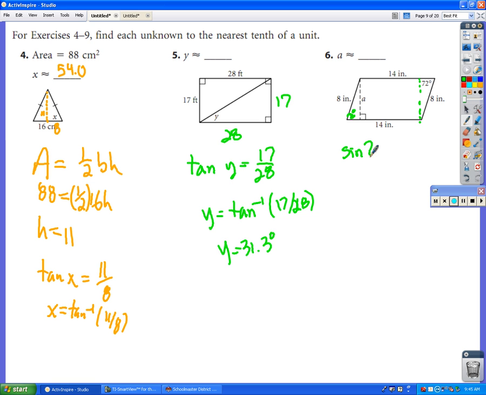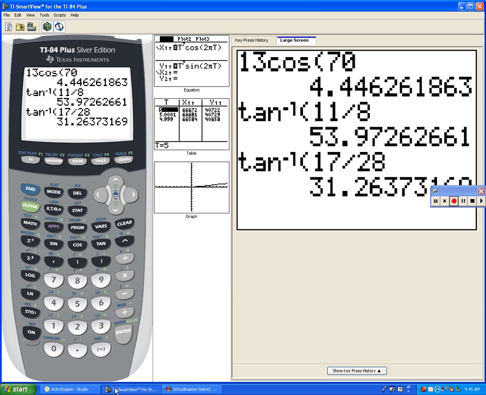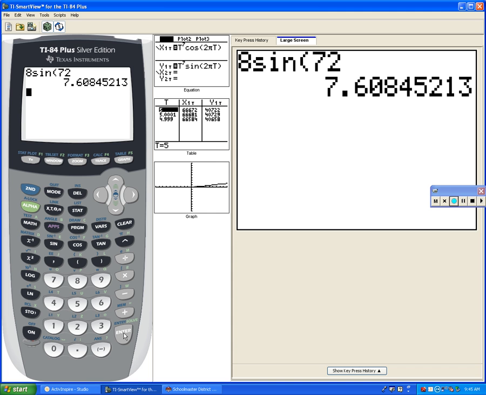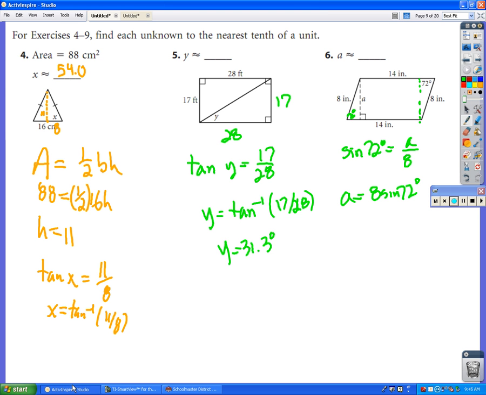The sine of 72 degrees is the opposite side divided by the hypotenuse, so for A, our missing number, I have to multiply. So I'm going to go 8 sine of 72 degrees, which equals 7.6 if I round to the nearest tenth.